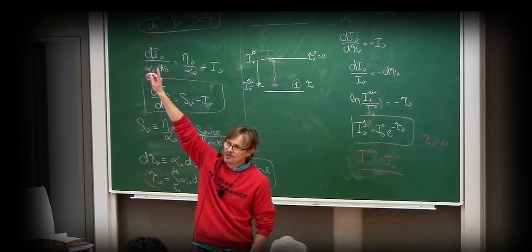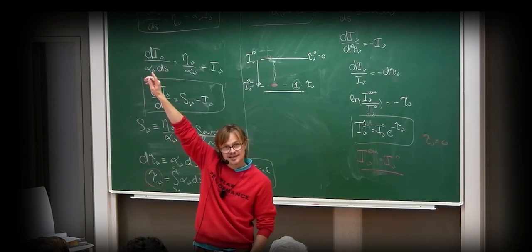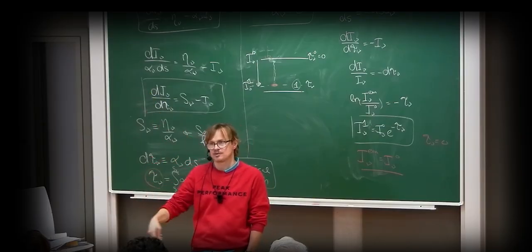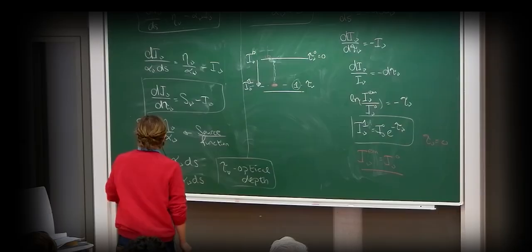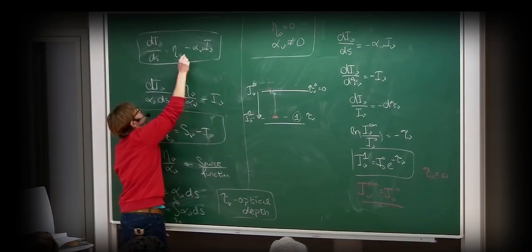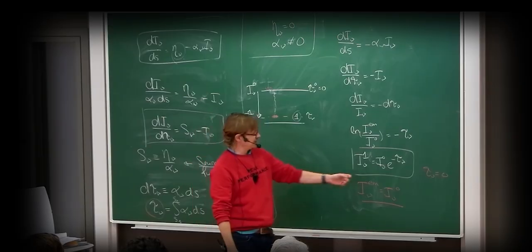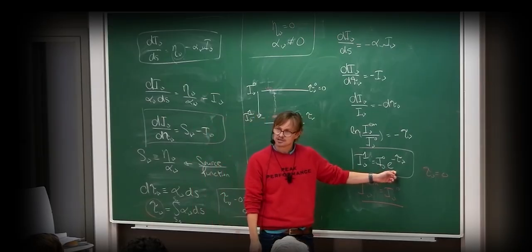Now, the sun's rays are thus getting absorbed, but there is not much more emission added. That is, the emission here is very, very low. So we get essentially exponential attenuation.